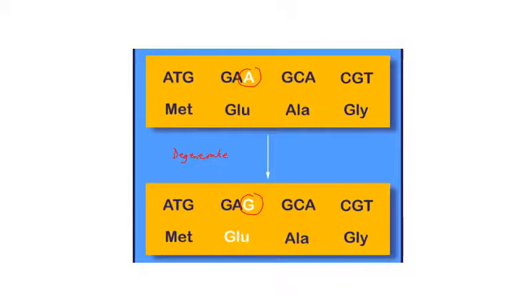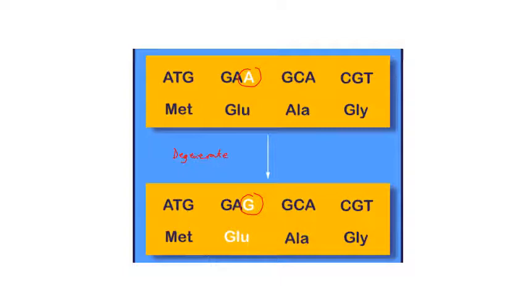Here we see this triplet, GAA, guanine, adenine, adenine, coding for glutamic acid. A substitution of adenine for guanine, due to that degenerate code, also codes for glutamic acid, and therefore the primary structure, the sequence of amino acids in the polypeptide, remains the same.